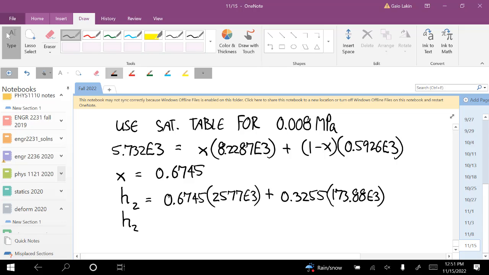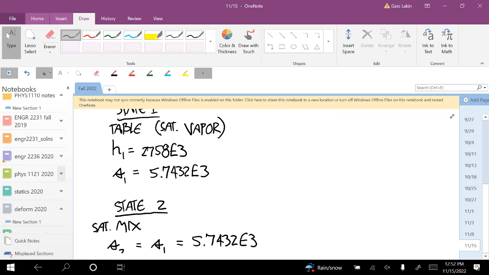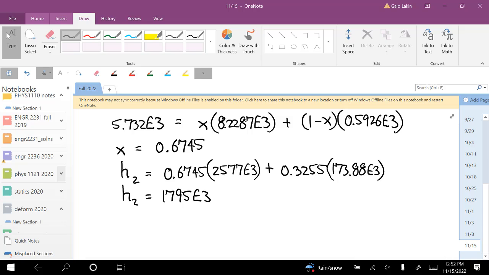And so H2 is 1795 times 10 to the third. Okay, so we have the specific enthalpy at state 1 and state 2. We're on our way.